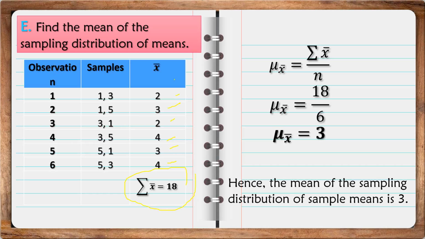Again, same: 1 plus 3 is 4, divided by 2 is 2. 1 plus 5 is 6, divided by 2 is 3. 5 plus 1 is 6, divided by 2 is 3, and so on. Now, by direct substitution, the summation of the means is 18 over 6, because we have 6 observations, as you can see here. Therefore, the mean of the sampling distribution of the sample mean is equal to 3.